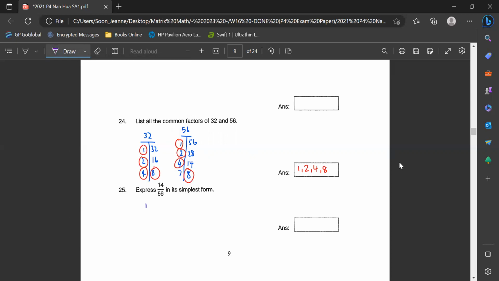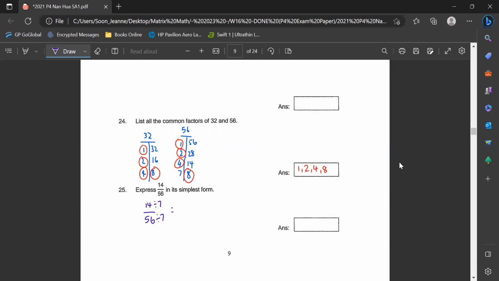Now question number 25. Express 14 over 56 in the simplest form, which means I need to divide until I cannot divide anymore. If your multiplication and division are very good, you know that the numerator and denominator can be divided by 7. Remember to divide by the same number for the numerator and denominator.